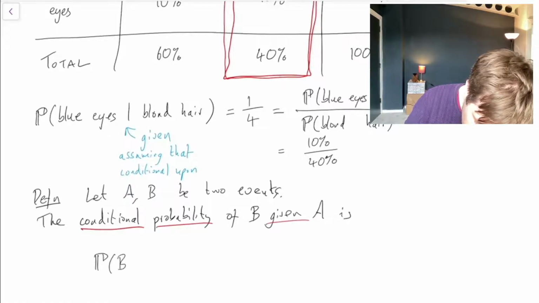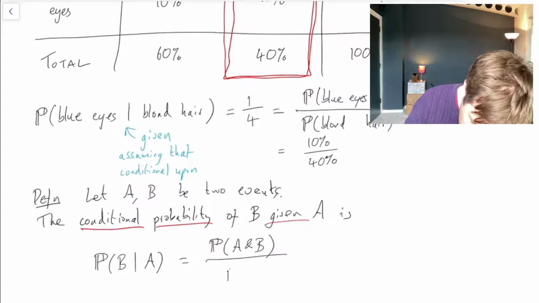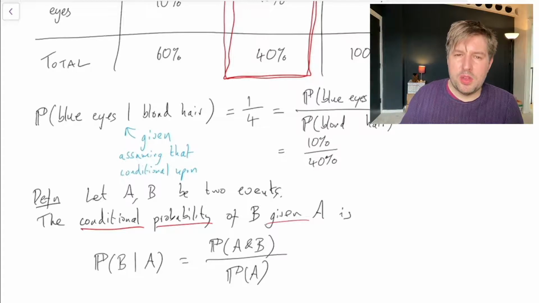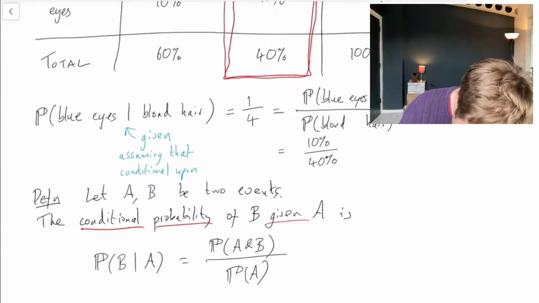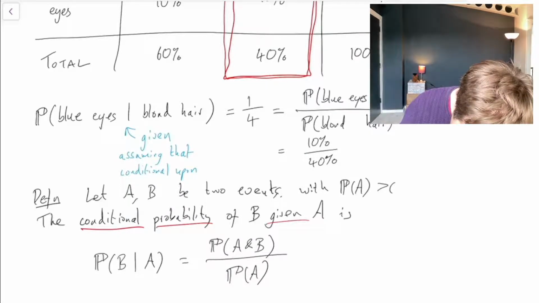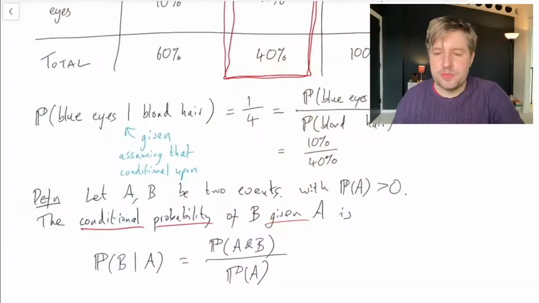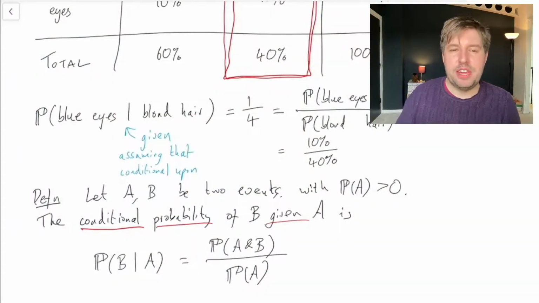So remember, the vertical line means given, and this is the probability of them both divided by the probability of the event we're conditioning on. And we don't want to have divide by zero problems, so we probably ought to say with probability of A greater than 0. Typically in this course, I won't bother actually saying where the thing being conditioned on has probability non-zero. You should take that implicitly. And so this is the definition of conditional probability.